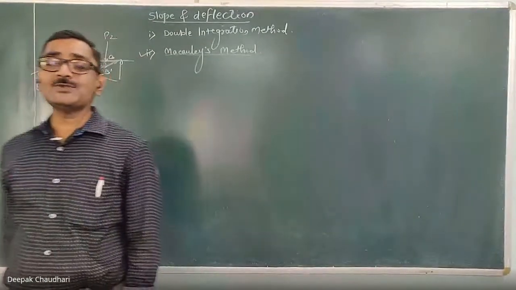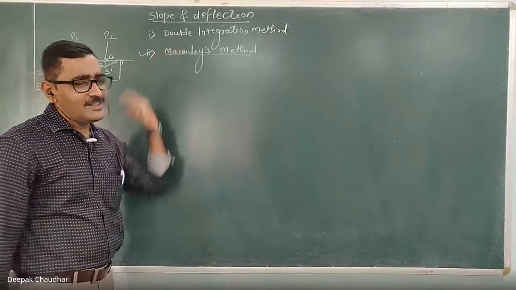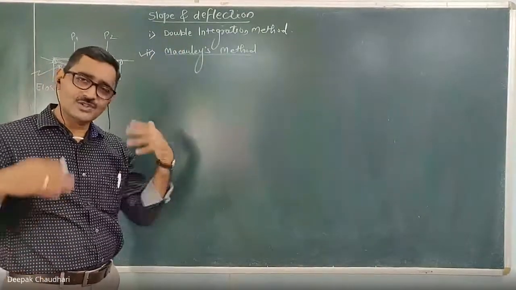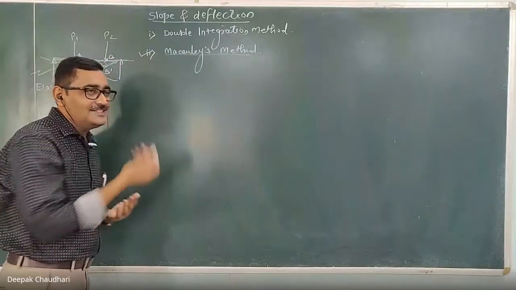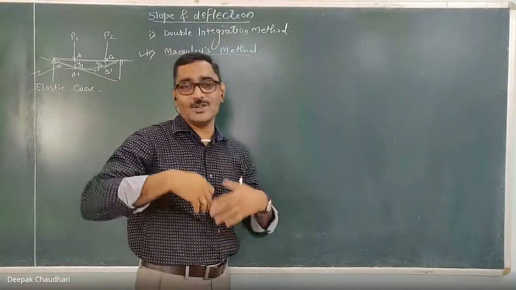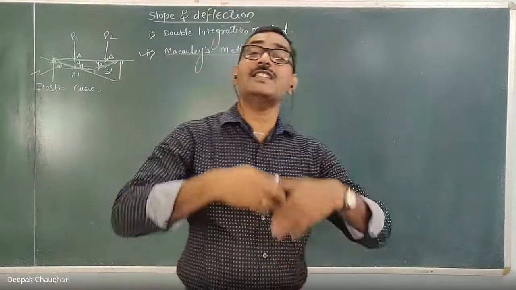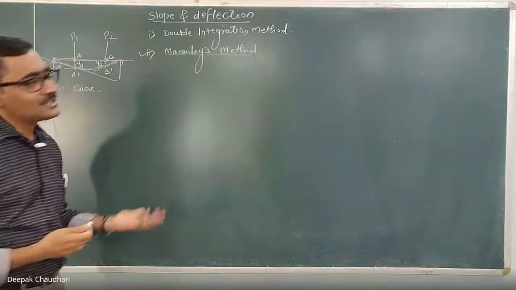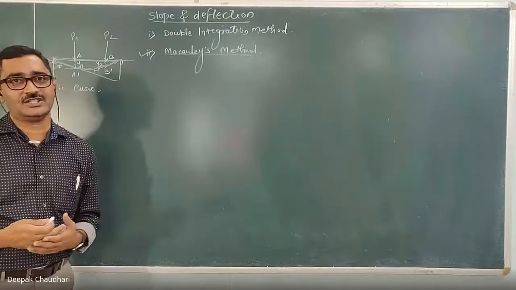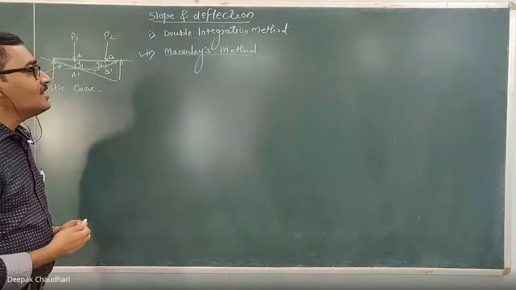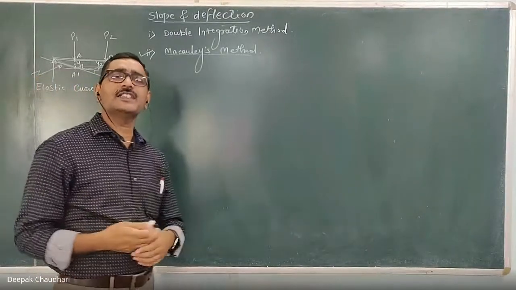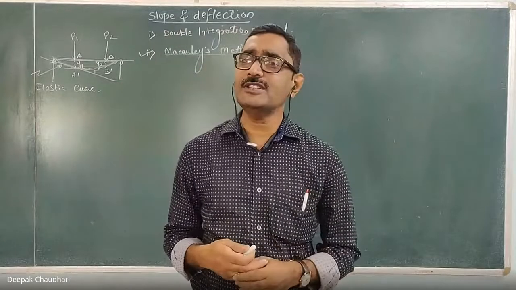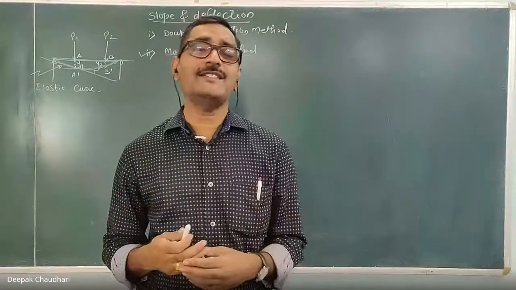But for civil students, I already told you that there are a number of methods to calculate the slope and deflection. Altogether, there is an energy method, a virtual work method, a unit load method, and the Maxwell reciprocal theorem. These are some of the methods with the help of which we can also calculate the slope and deflection. For civil students, all those other methods you are going to learn in the structural analysis subject.